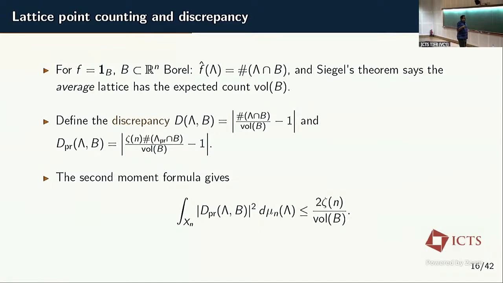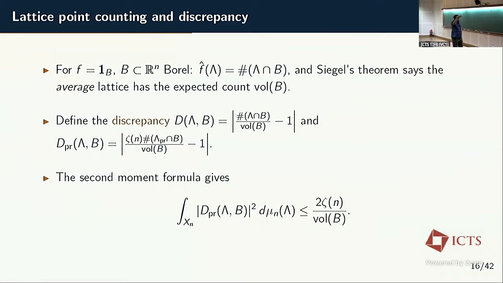You can try to do the same thing that we are doing with those inequalities. You can say, well, okay, how far off from the expected value is the number of lattice points? So you define the discrepancy of a lattice with respect to your set to exactly be that difference divided by the volume. Okay?